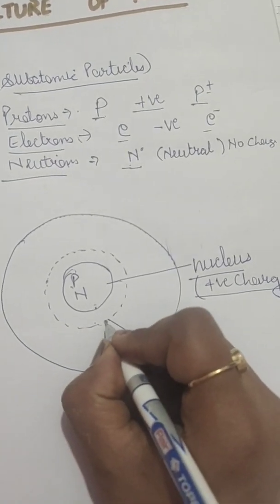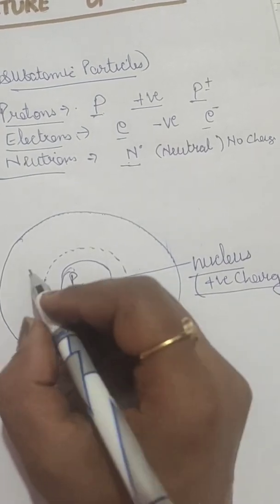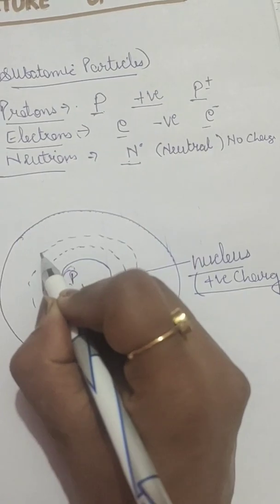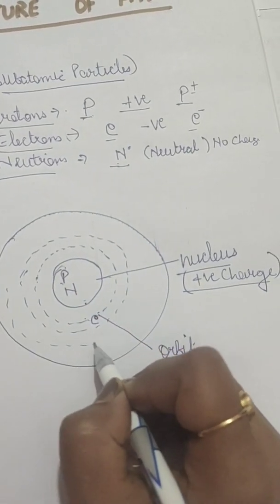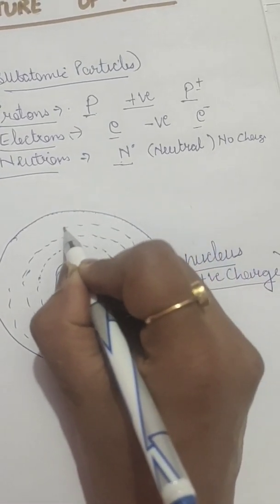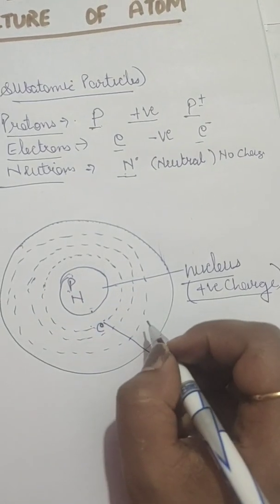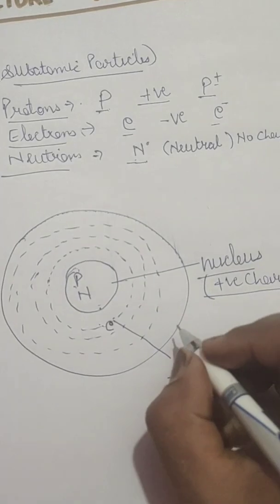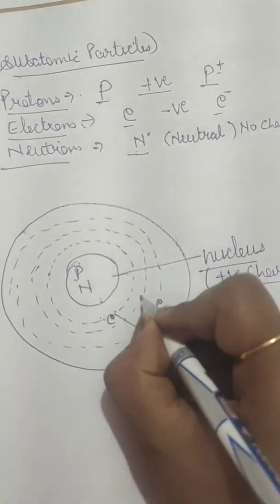So here reside the electrons, which are negatively charged particles, and an atom has many orbits. Electrons do not stay inside the nucleus, but they reside in the orbit.